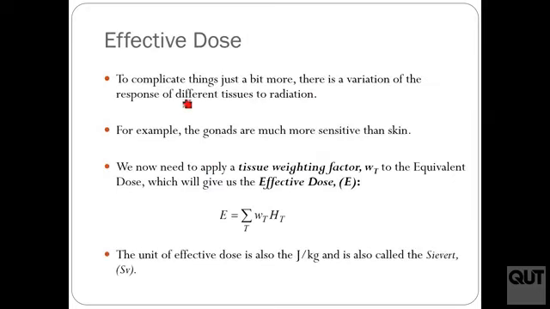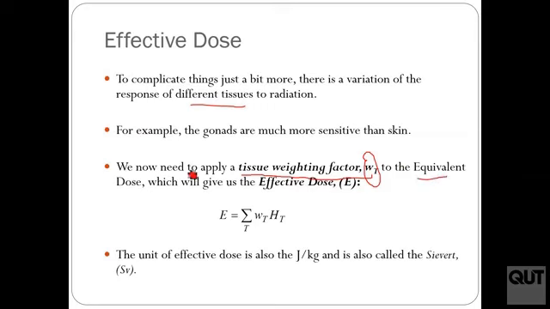Now, to complicate things a bit more, there's a variation in response of different tissues to radiation. So, for example, the gonads are more sensitive than the skin, so we now have to apply a tissue weighting factor, which is given by WT, to the equivalent dose.